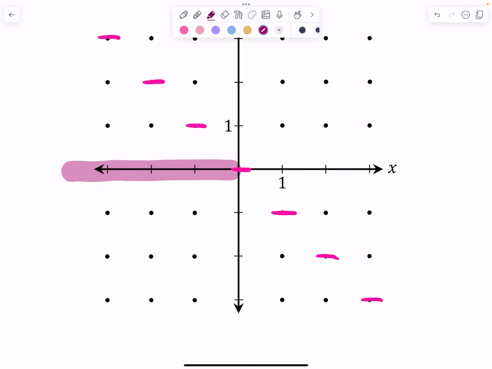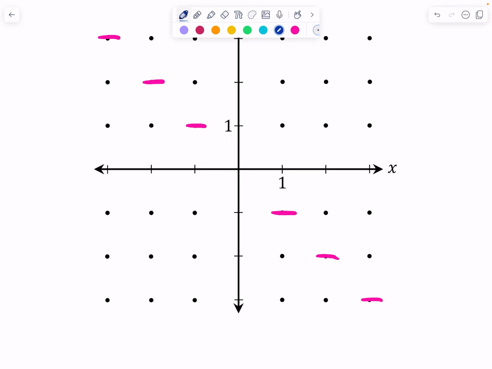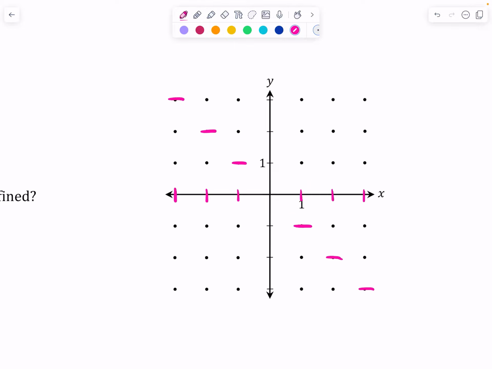And y is 0 along this axis, which is why this one segment is technically not true. We'd have to do a bit more work to figure out exactly what's happening there. But realistically, it's undefined. So we're going to include, what's an eraser when you need one? There. So I'm just going to draw little vertical segments for that entire stretch.